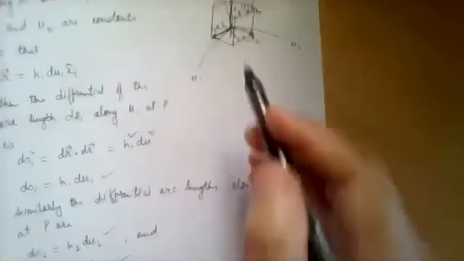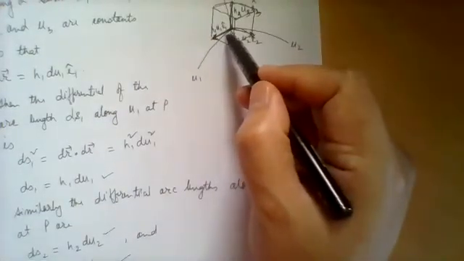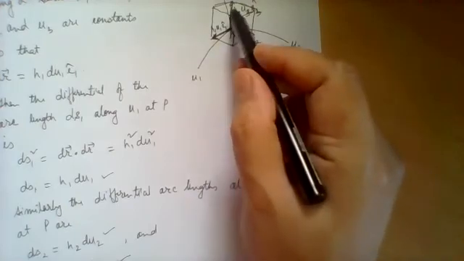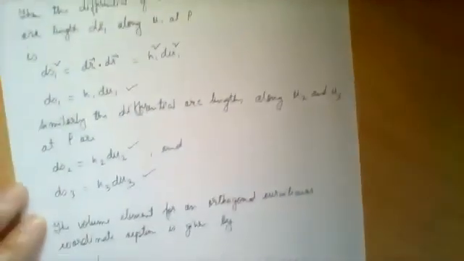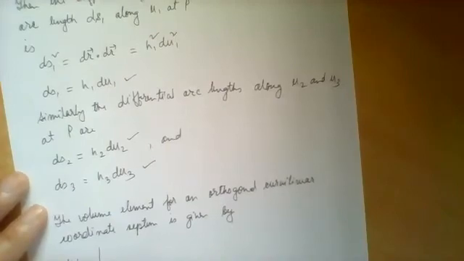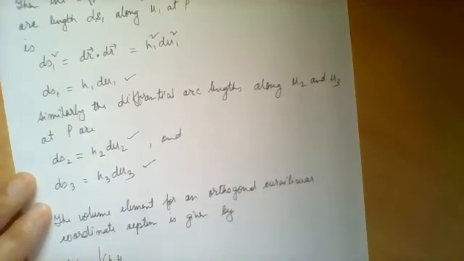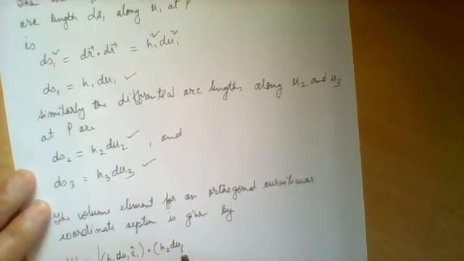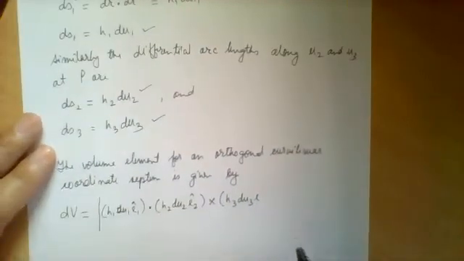The vectors are h1 du1 e1, h2 du2 e2, and h3 du3 e3. So this is given by h1 du1 e1 dot h2 du2 e2 cross h3 du3 e3.